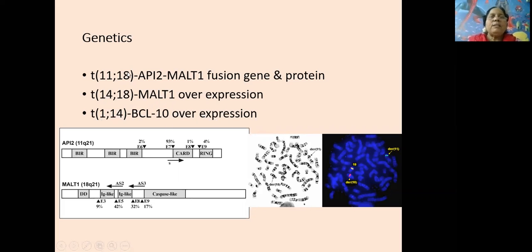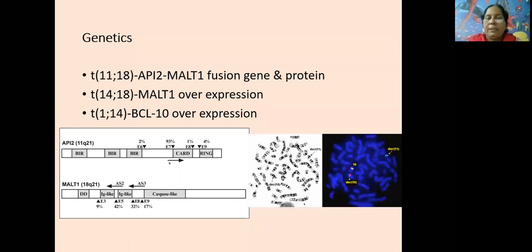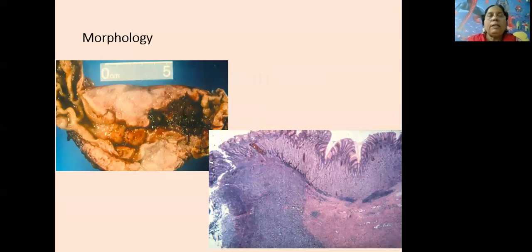Okay. So these 3 translocations you remember. Also the activation, they all lead to activation of nuclear factor kappa B, leading to lymphoma.